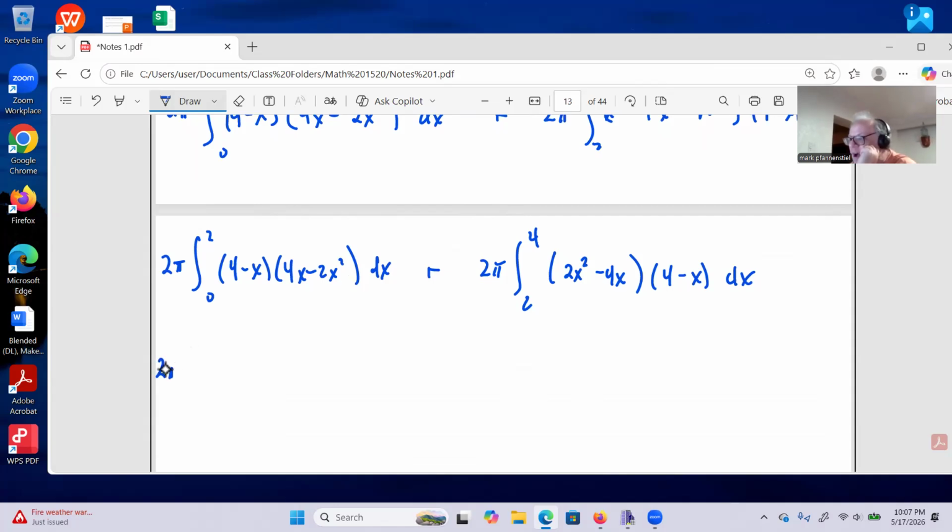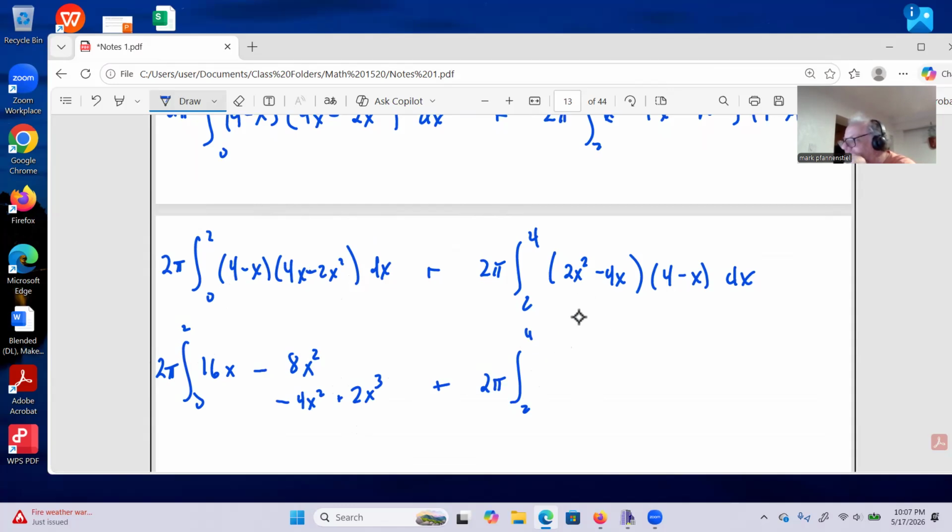So we have 2 pi, 0 to 2. We have a 16x minus, it looks like, an 8x squared. We have a minus 4x squared for this one here, plus a 2x to the third. And that's this piece here. Plus 2 pi, 2 to 4. Let's figure this one out.